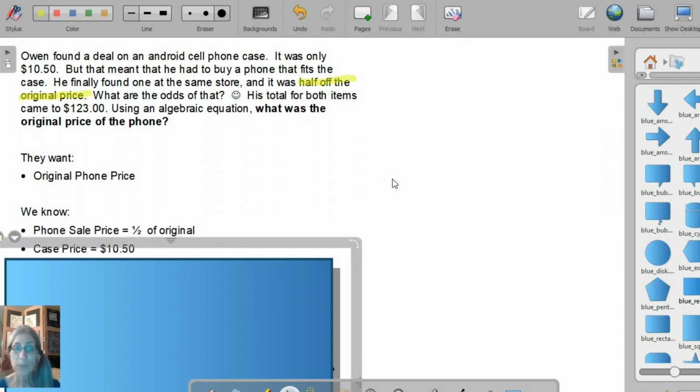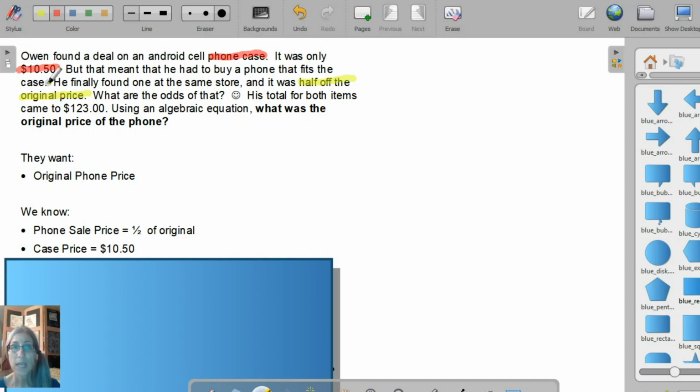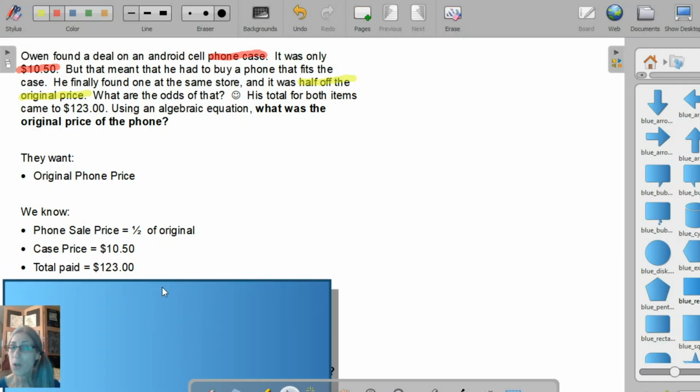We know that the price of the case was $10.50. The case price was $10.50. And what else do we know? The total he paid was $123. The total that he paid was $123.